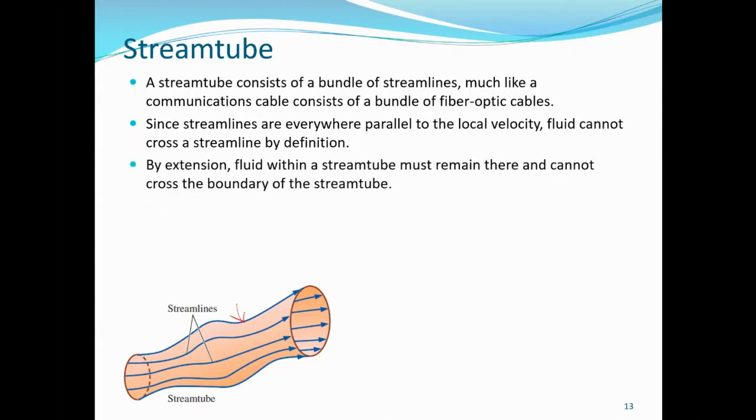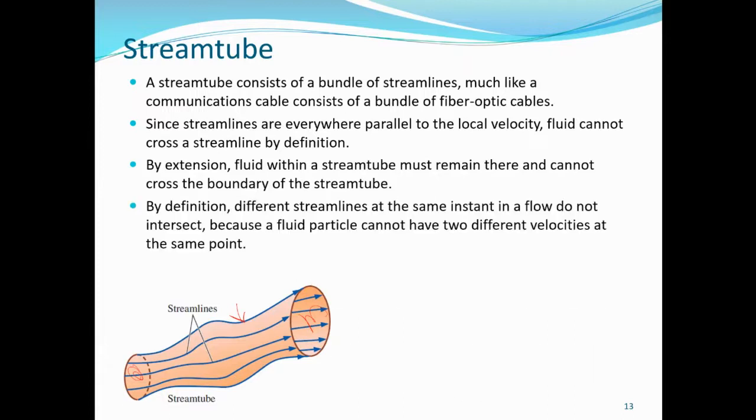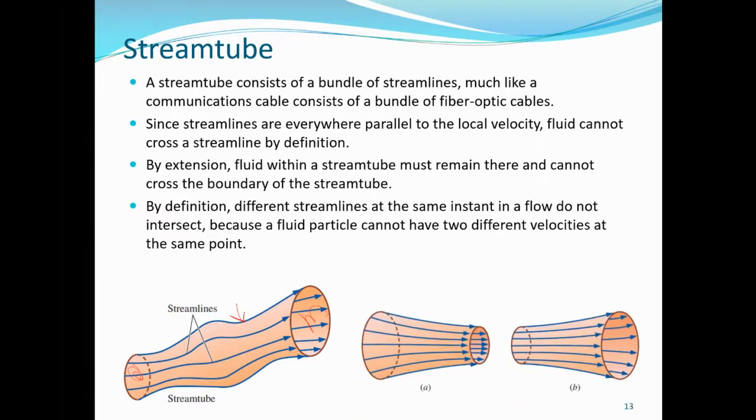By extension, fluid within a stream tube must remain there and cannot cross the boundary of the stream tube. Fluid contained within this stream tube must remain there because there is no flow across the boundary of any streamline. By definition, different streamlines at the same instant in a flow do not intersect, because a fluid particle cannot have two different velocities at the same point.